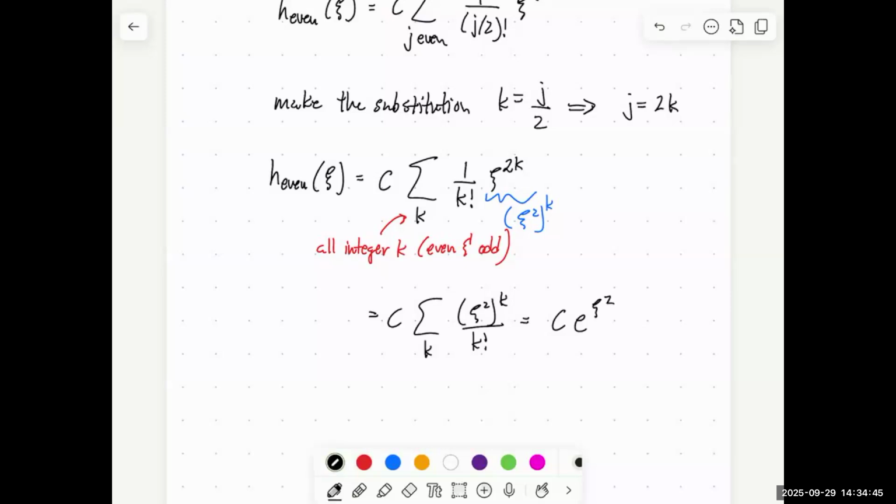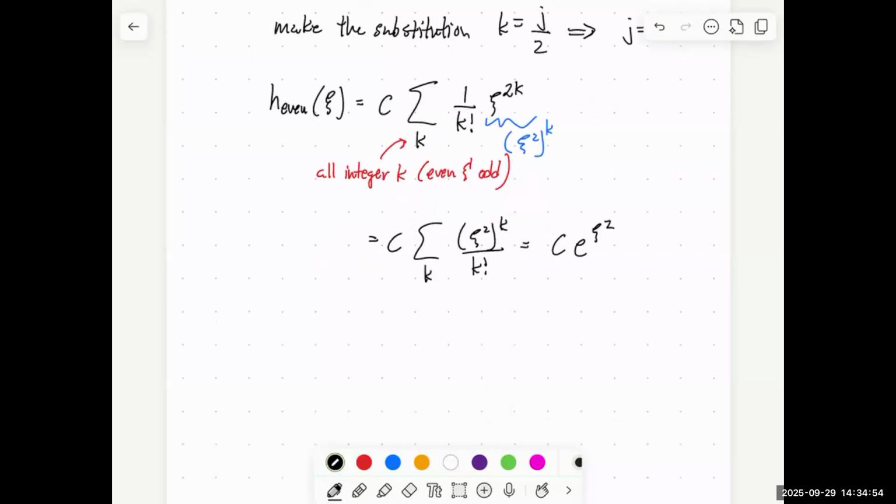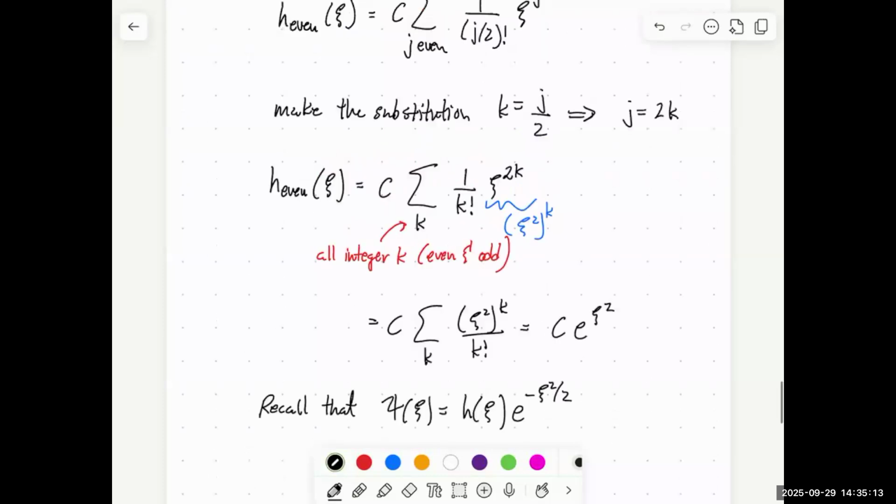Okay, so this is going to bring us to the part where we're going to realize we're going to have to do something to fix a problem. So let's recall that what we ended up doing is we said our stationary state, we were going to assume, was of the form H(z) times e to the minus z squared over 2. Let me go way back to the beginning.